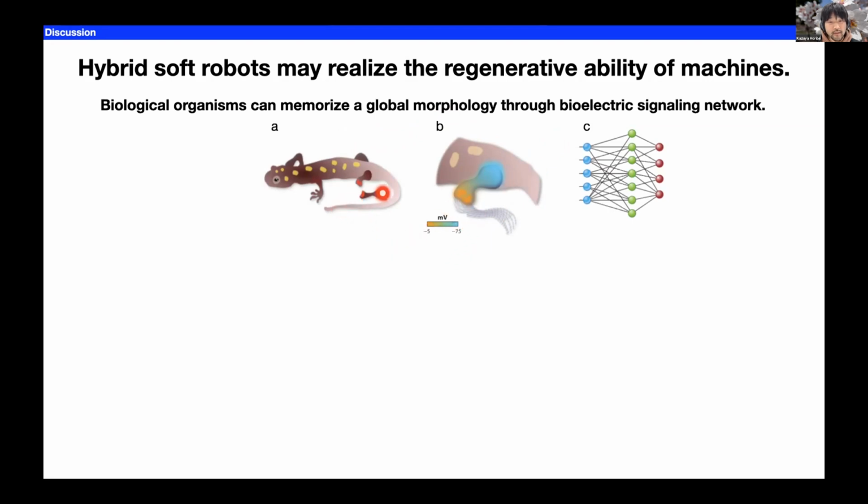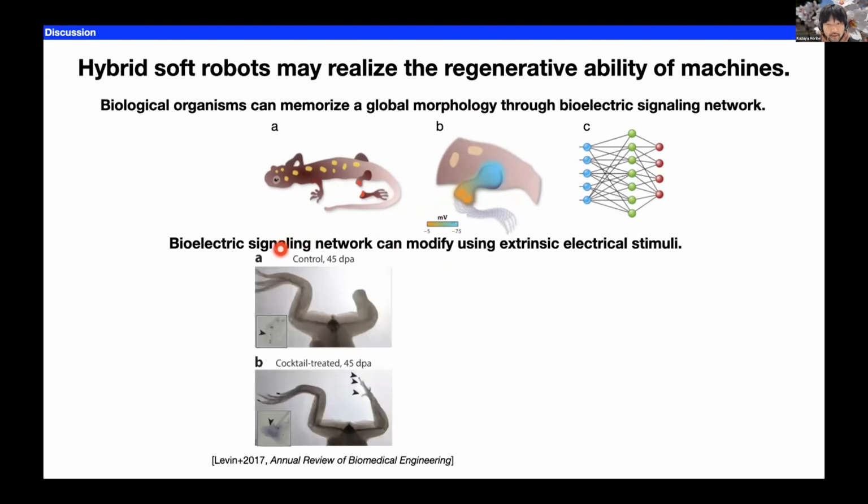This salamander can regenerate the leg using the global morphological memory through biological signaling, and the biological signaling network can be modified using extrinsic electrical stimuli. For example, this is a frog leg. Usually the frog doesn't regenerate, but after the extrinsic electrical stimuli, this leg regenerates.